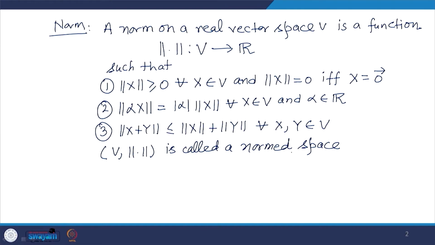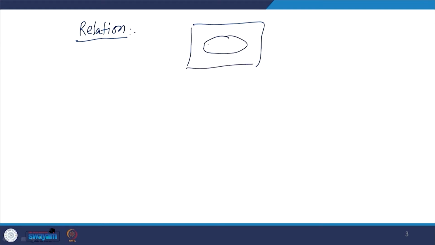Now, what is the relation between metric space and norm space? Let us try to make a relation between these two definitions. What I want to say is that every norm space is a metric space, but the reverse is not true.